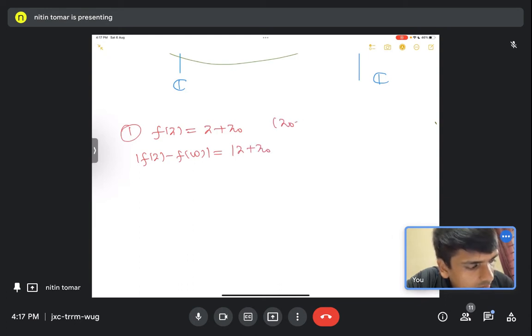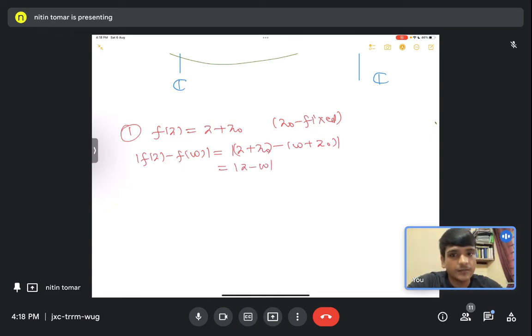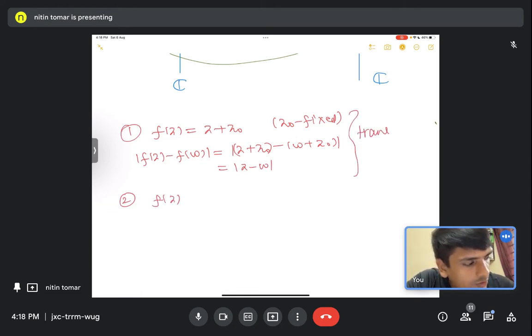Z naught is fixed, it can be 1, 2, 3i, anything. So it will be z minus w, because z naught and z naught cancel. This is called translation, because when you add a vector, you are translating.